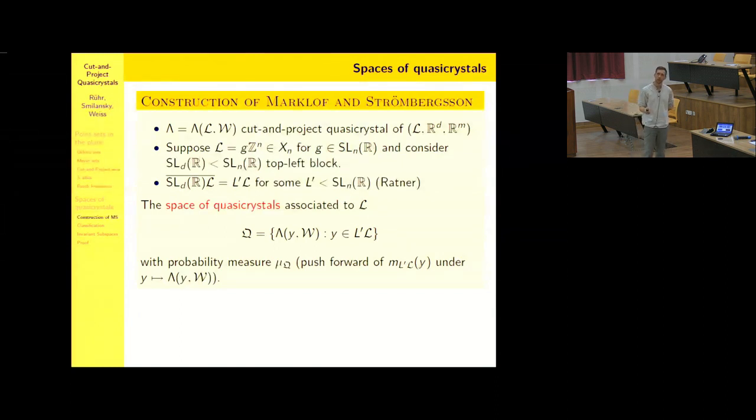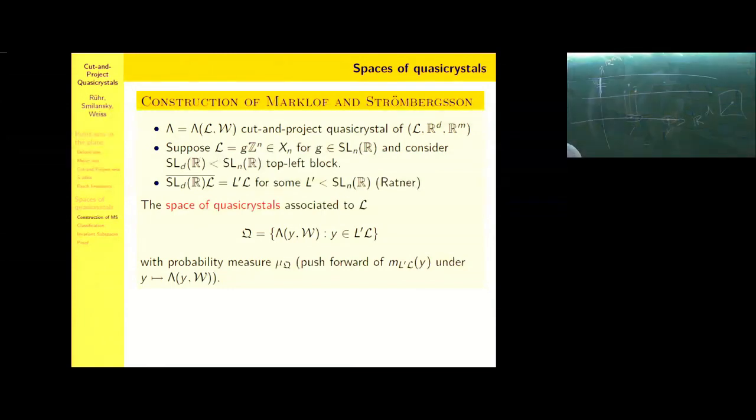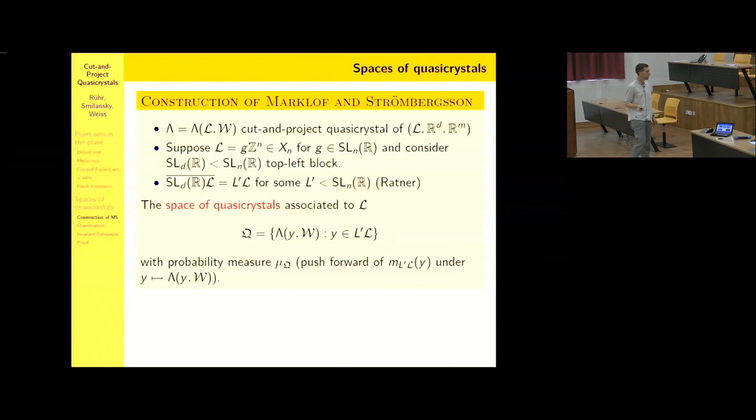So we have our cut and project set, which comes from this lattice L in R^d times R^m, where d plus m is now N. I assume that my lattice is unimodular, so X_N will be the space of unimodular lattices.